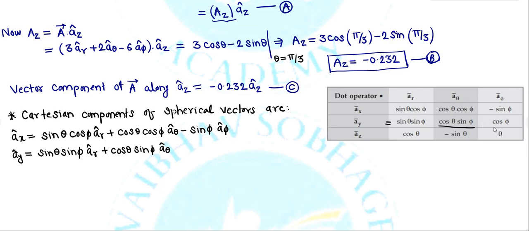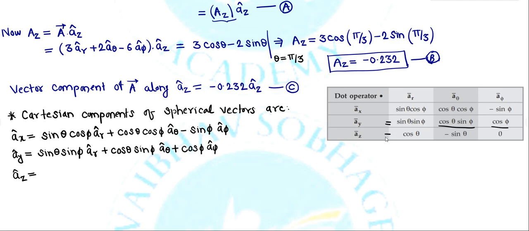The final term is cos phi A phi. So this is your AY component, and the final component that we are going to make use of is this AZ.